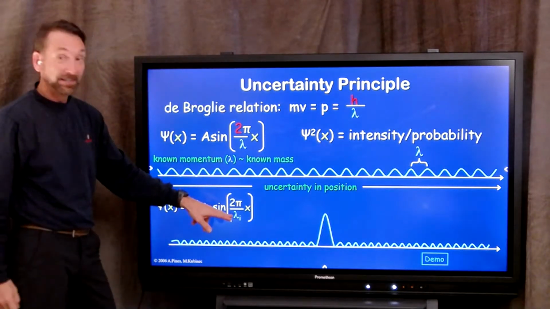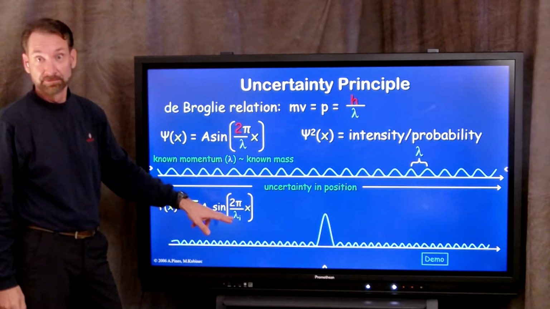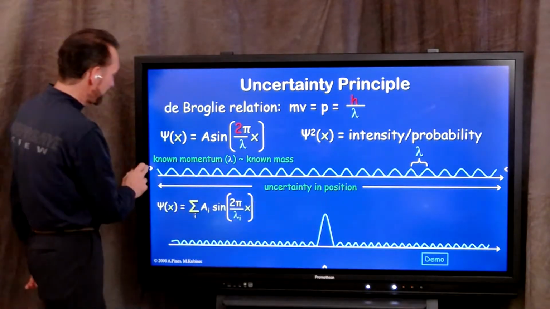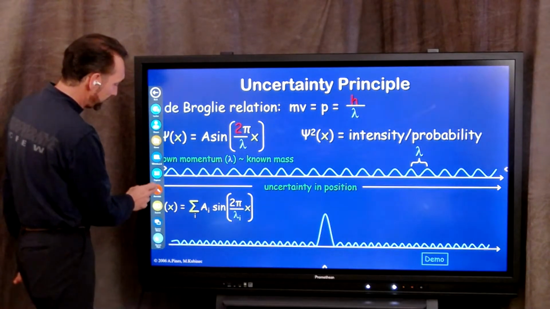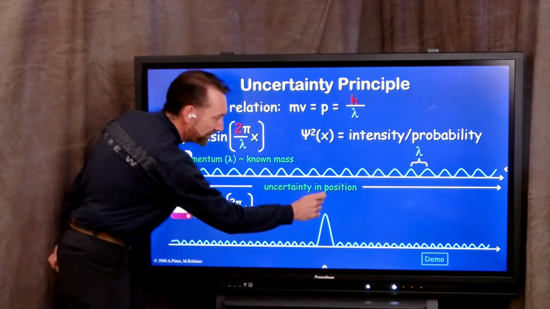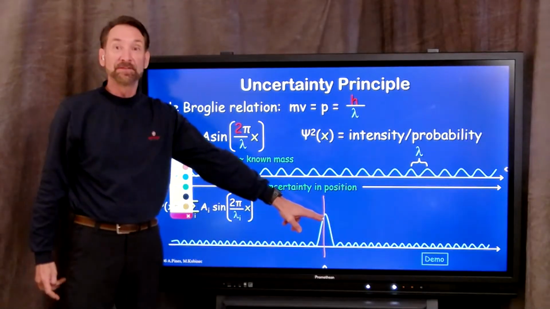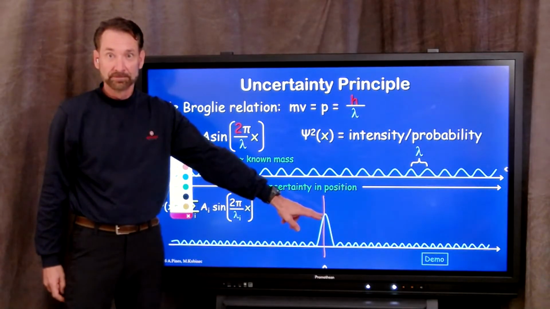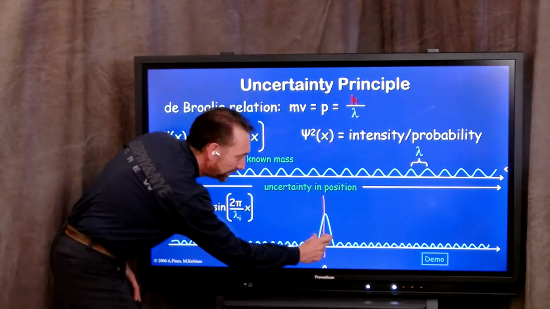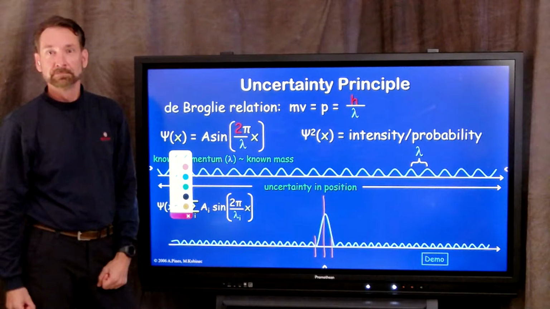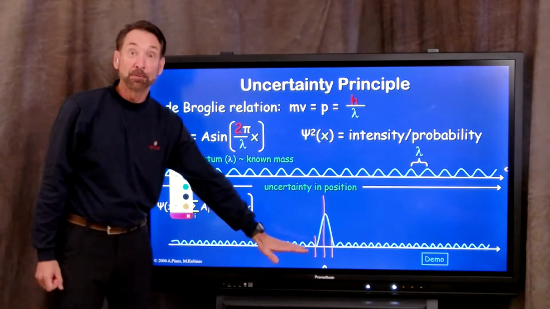If you're allowed to add lots of wavelengths together, then you can get something that looks like this. If you can add a lot of wavelengths, you can get this wave function. And this wave function, the amplitude squared, is very high right here. So now there's a high probability of finding the particle here because I added a lot of wavelengths.